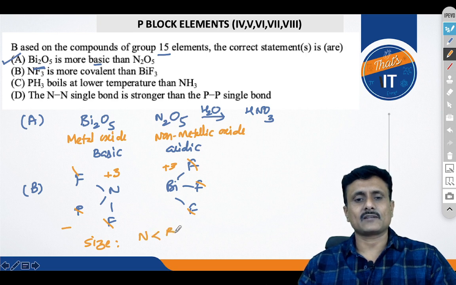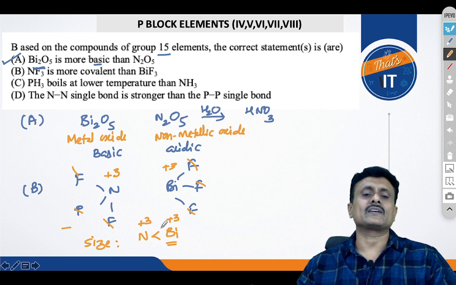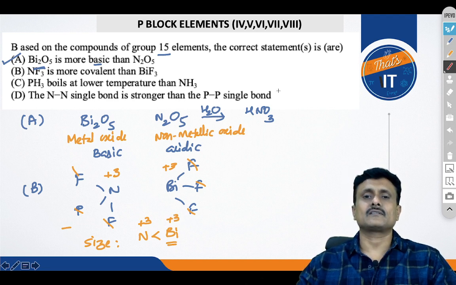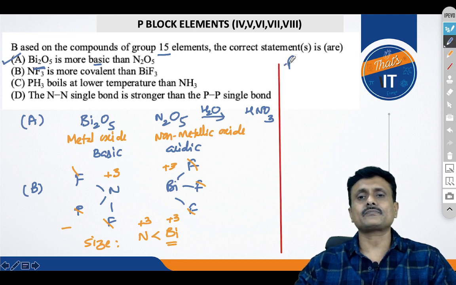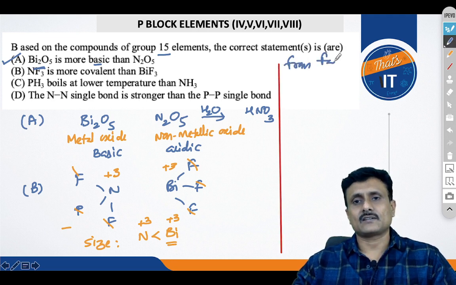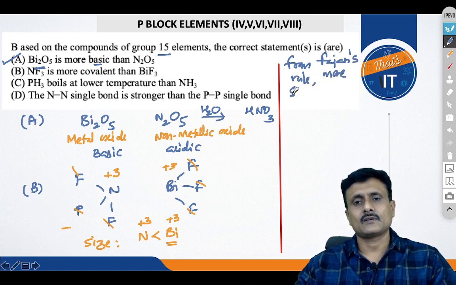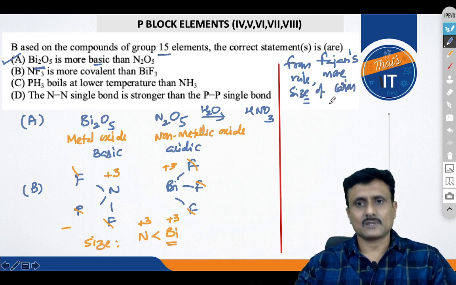Size. Nitrogen size is less than that of bismuth. So in case of the cations, from Fajan's rule, the more the size of the cation, it is by nature what? Ionic.